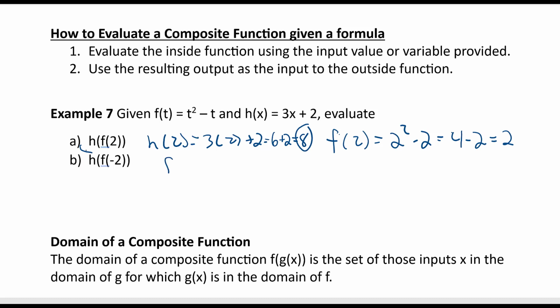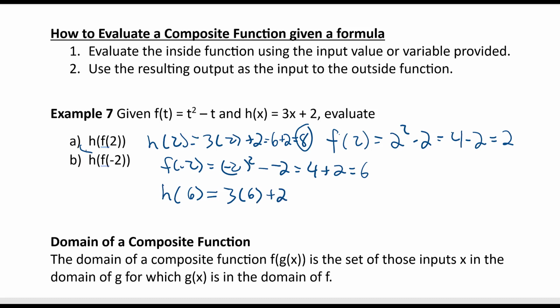And then if we look at f of negative 2, it's negative 2 squared minus negative 2. So 4 plus 2, which is 6. h of 6, which is the output for f, is going to be 3 times 6 plus 2, which is 18 plus 2, which is 20.